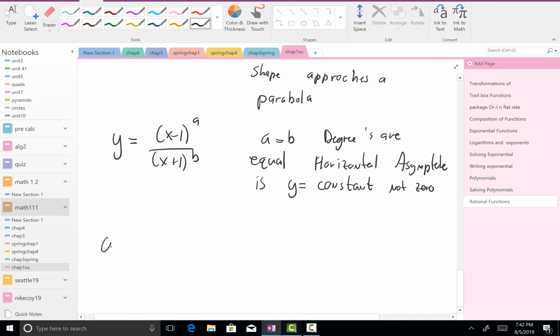And then the last one is what happens if B is larger than A. So the degree on the top is smaller.